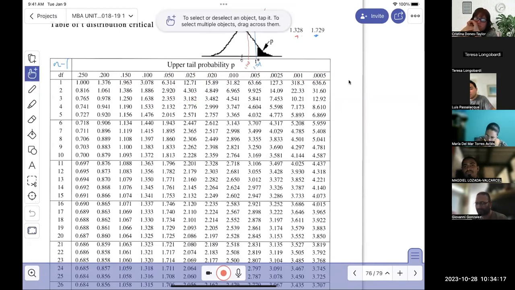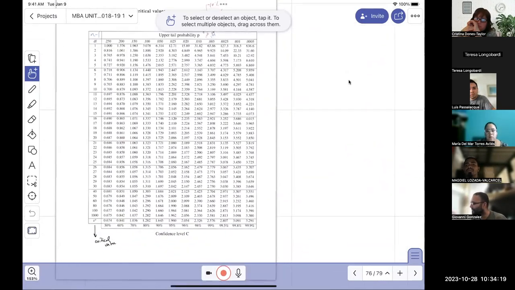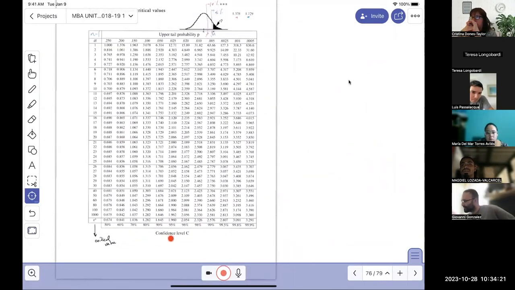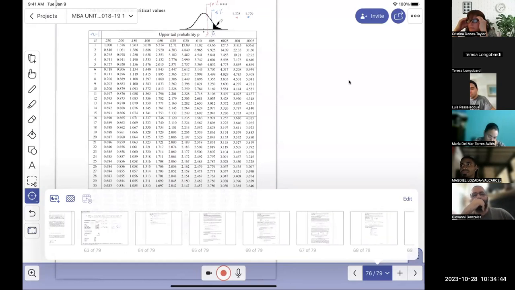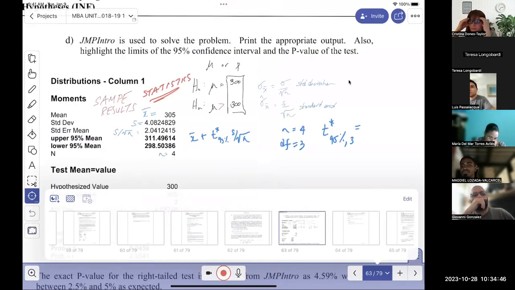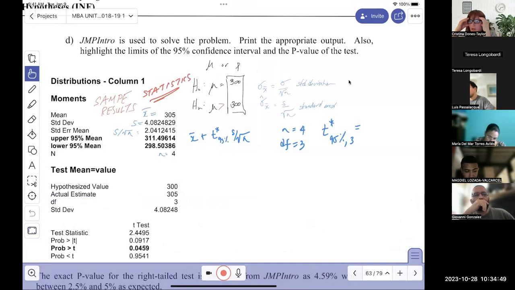The other way to confirm that if you're confused is to go up from the bottom, and remind yourself you have to have an upper tail of 2.5 to be 95% confident. So the answer is 3.182. It's not 1.96. It's much further away. It's much flatter, right? So that's going to be 3.182.